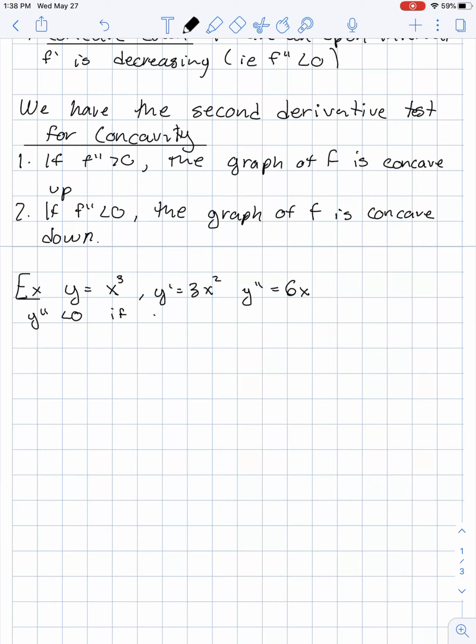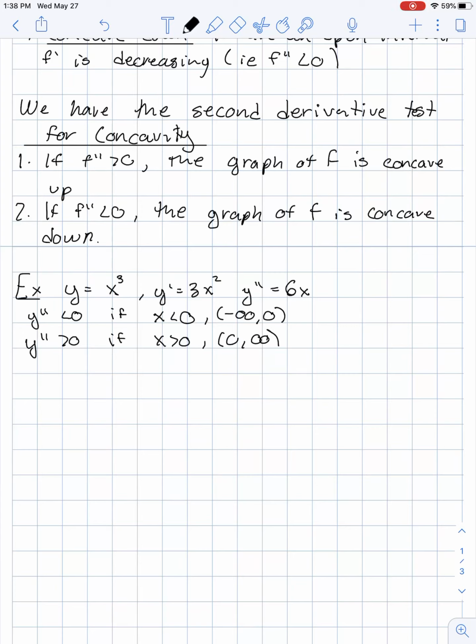And y double prime will only be positive if x is positive. We can also write that as an interval, right? So from negative infinity to 0 and 0 to infinity.